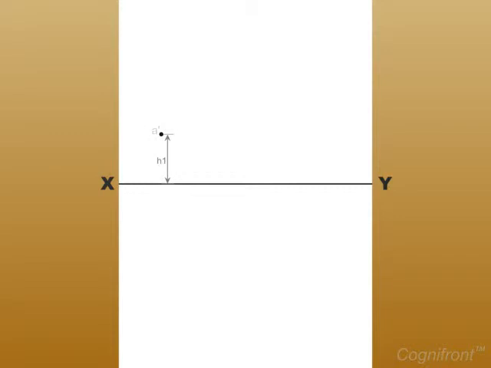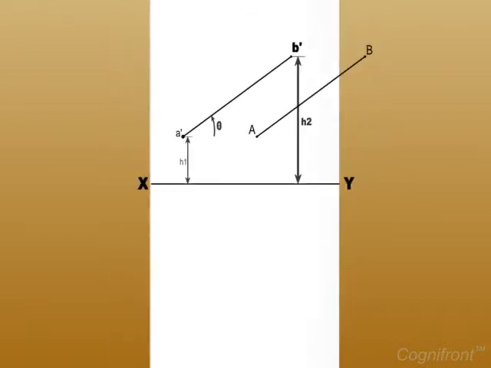From point A', making an angle theta with HP, draw a line of length equal to AB. Locate the other point B'. So, line A'B' will be the front view of line AB.